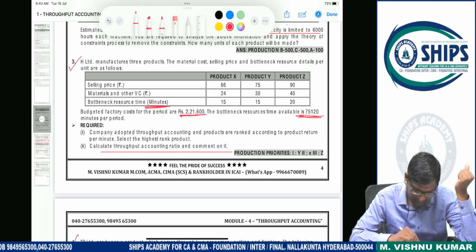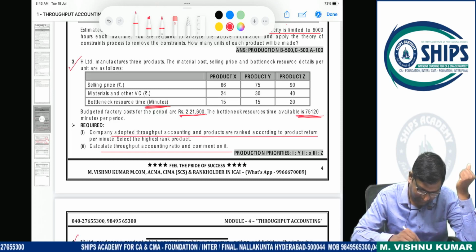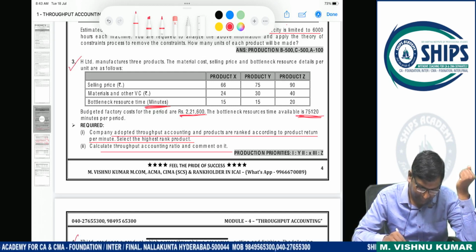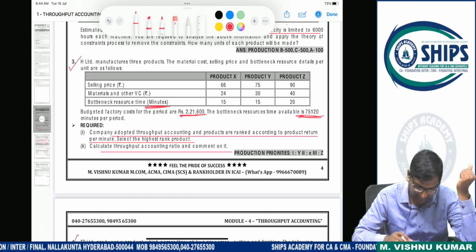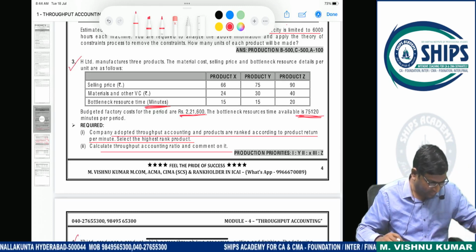And we also have to decide which product to produce according to ranking. Very simple: the product whose throughput contribution per unit, per minute is more is produced first, and priority will be given to the other products according to their rank. Understand? Now we'll start.